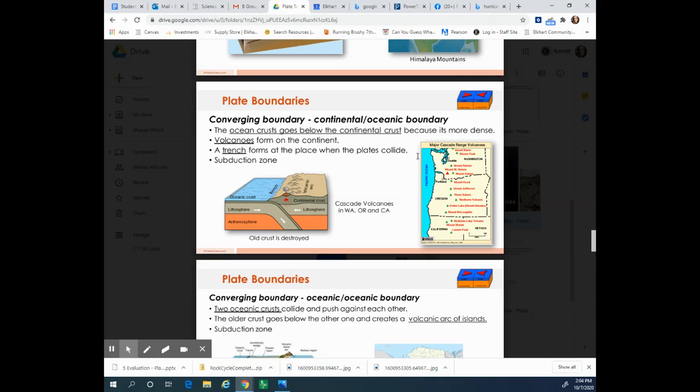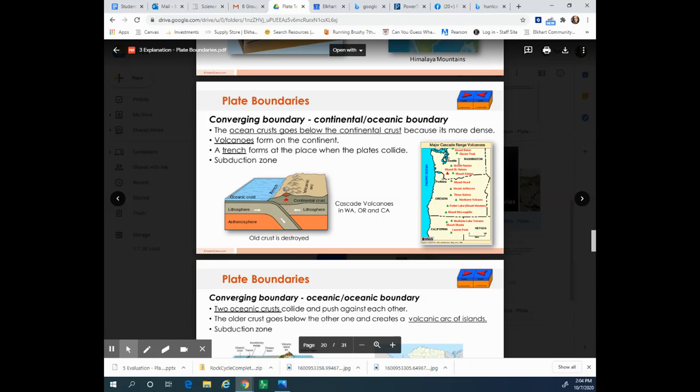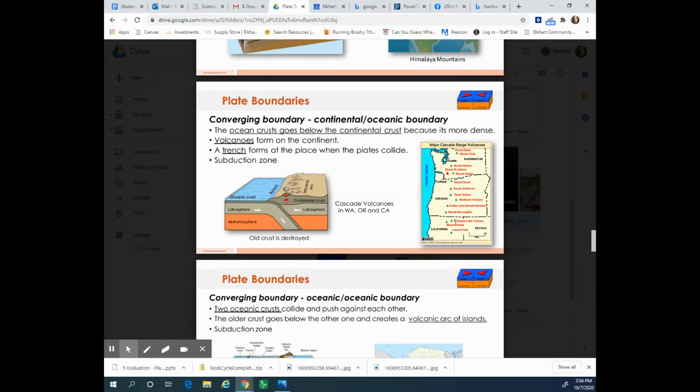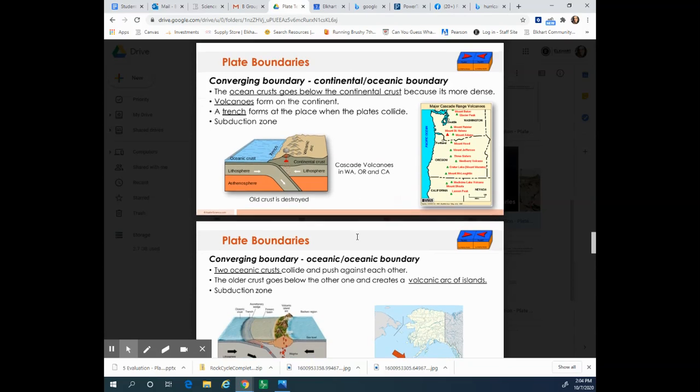This is called a subduction zone because you have older crust being destroyed. The earth is losing crust or separating crust away from other crust. As you can see right here, all of these wonderful little things are Cascade volcanoes.